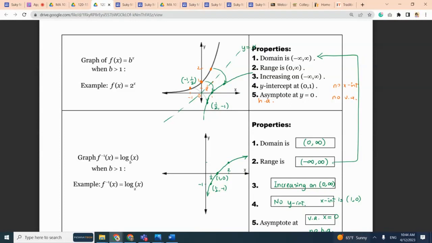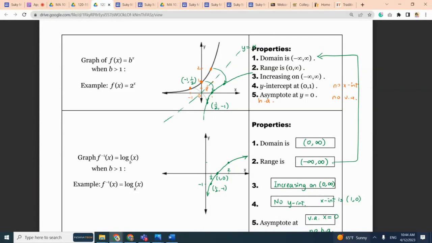Do we have horizontal asymptote? No. But, sorry, we're talking about intercept first. Do we have y-intercept? No, it's approaching it, it never touched. So no y-intercept. But we have an x-intercept, which is this point. See, this point was the y-intercept of the exponential function.